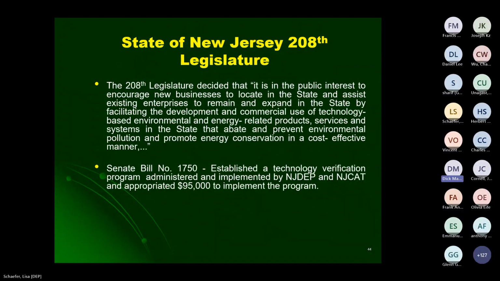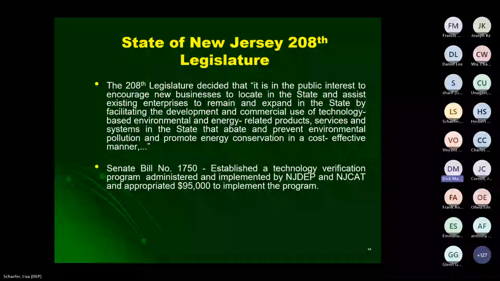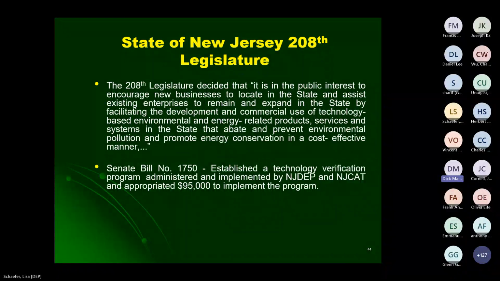It came out of some discussions between then Commissioner Robert Shinn, former Governor Jim Florio, and Stevens Institute of Technology President Hal Raveche. The 208th legislature, which ran from July 1, 1999 to 2000, established a technology verification program under Senate Bill number 1750, and they appropriated $95,000 to initiate the program.